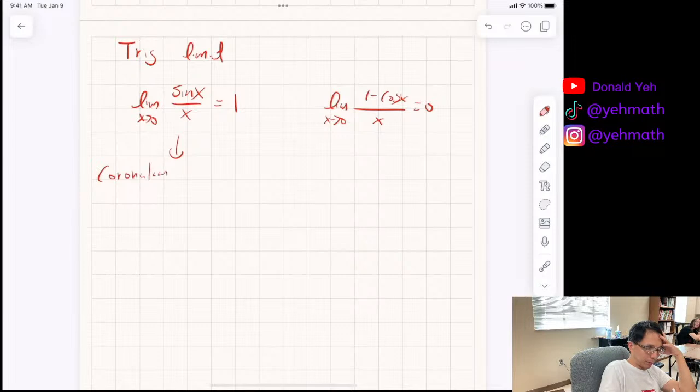Corollary. Something like this. I don't know how to spell. Somebody know how to spell corollary? C-O-R-O-L-L-A-R-Y. No, there's another R in there. Can somebody look it up, please?